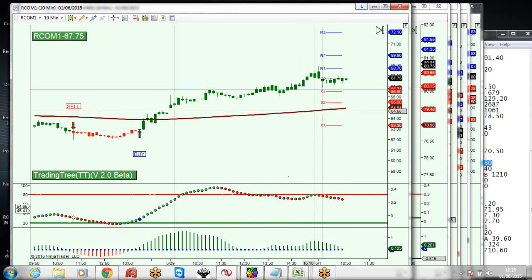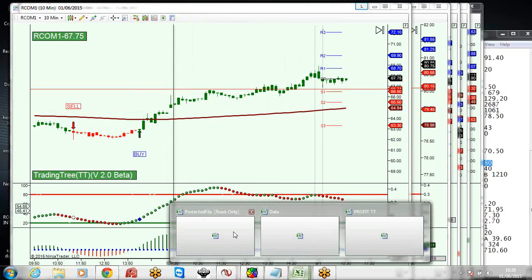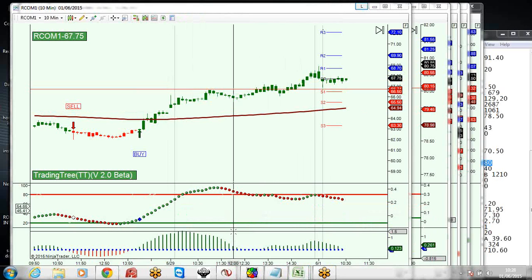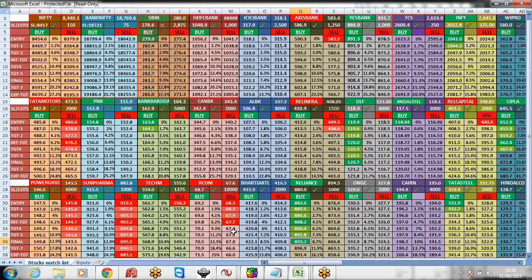It's flat here, but if you go and see the futures tree, the targets are already done for Arcom. It did make its final targets, 66.60.